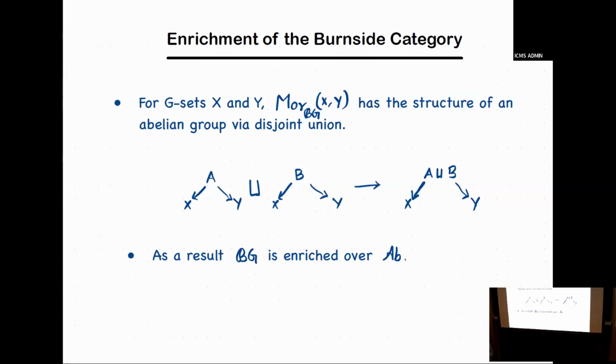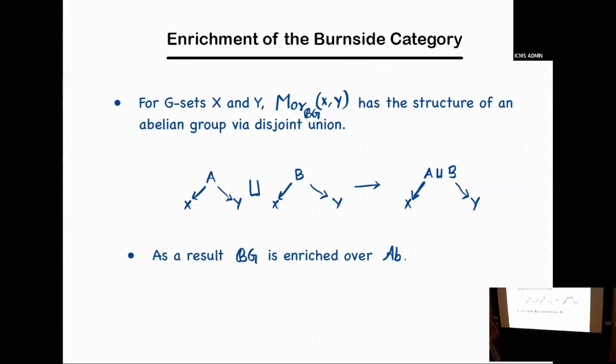The enrichment of the Burnside category: via disjoint union, we can give abelian group structure to the morphism set between X and Y. So this gives a monoidal structure.